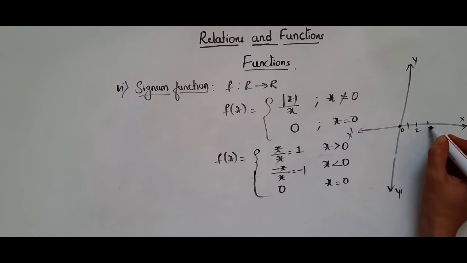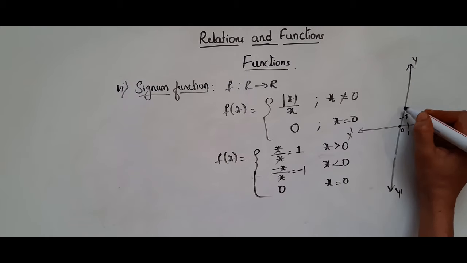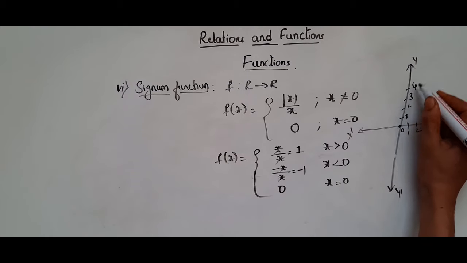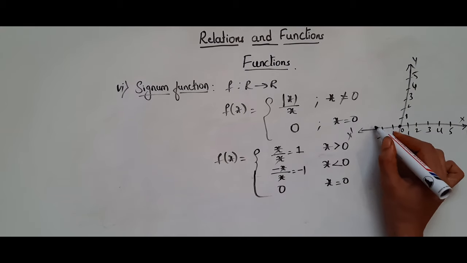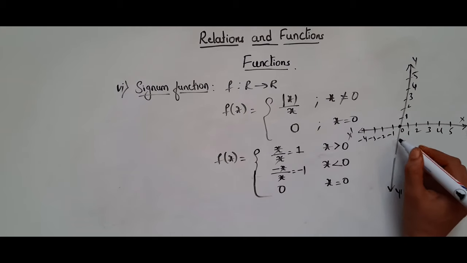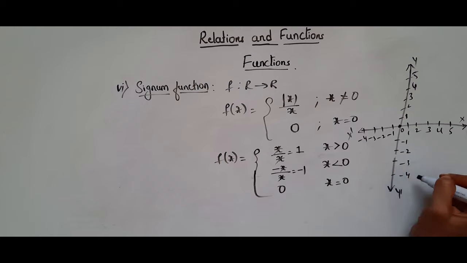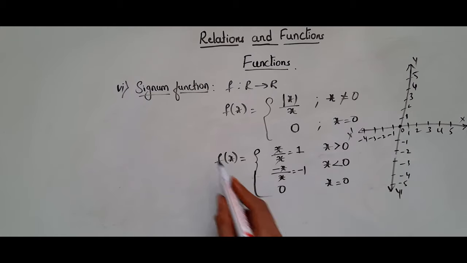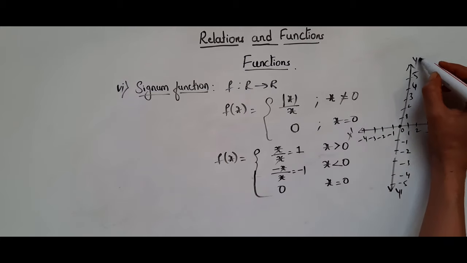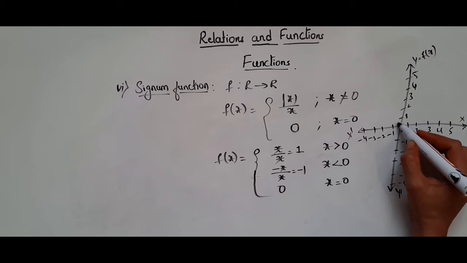So 1, 2, 3, 4, 5, and minus 1, minus 2, minus 3, minus 4, minus 5. For x equal to 0, your function f of x is 0. So this is your f of x. So for x equal to 0, f of x is 0. So this point.